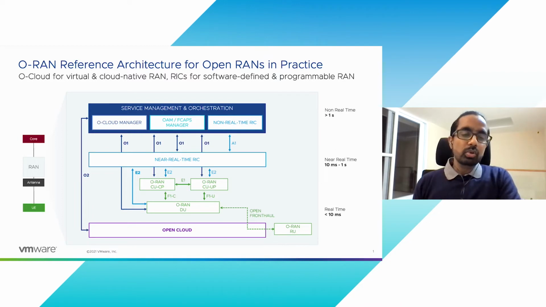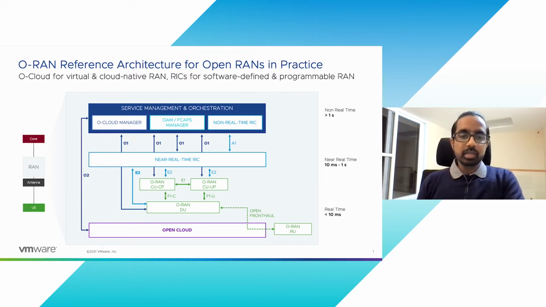The primary goal of a non-real-time RIC is to support intelligent RAN optimization by providing policy-based guidance and management, as well as enrichment information to the near real-time RIC functions so that the RAN can be optimized. The non-RT RIC leverages the service management and orchestration services such as data collection and provisioning to run data analytics and use AI/ML capabilities to determine the RAN optimization.